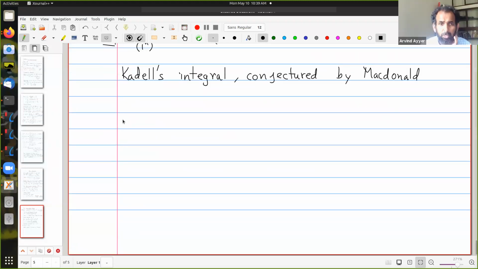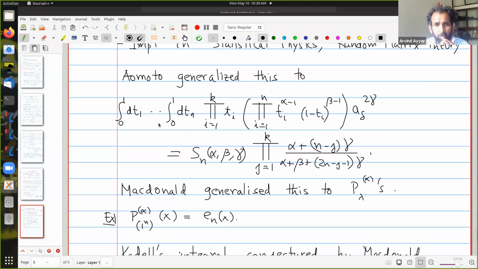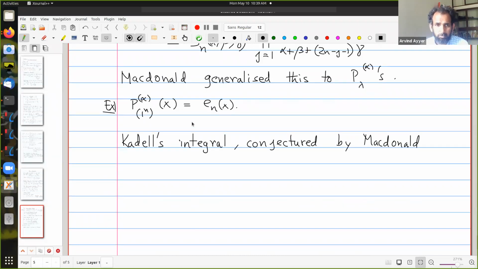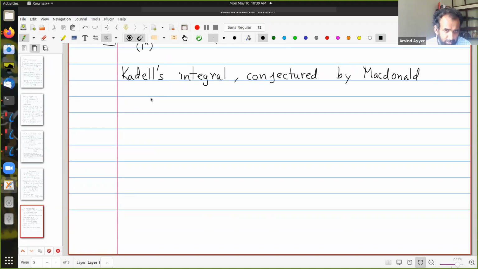So this is the following. What he realized is you have to tune the parameter gamma to the parameter of the Jack symmetric function. So again, let me write the same old thing: integral 0 to 1 dt1 up to 0 to 1 dtn.